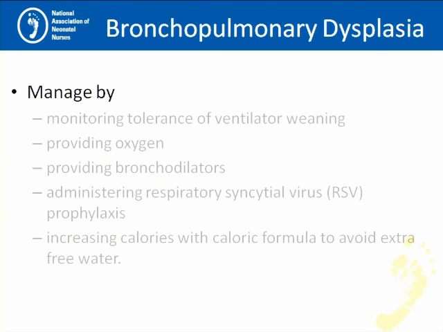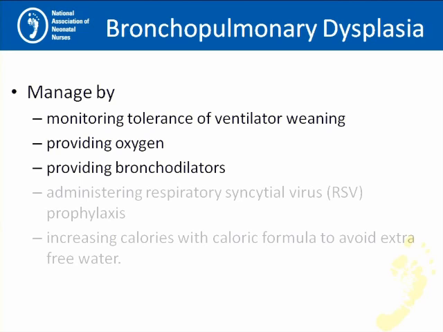We manage BPD by monitoring tolerance of ventilator weaning using permissive hypercapnia, providing supplemental oxygen after extubation, providing bronchodilators as needed, providing RSV prophylaxis with RSV IGIV or palivizumab for high-risk infants, and assisting with family support if a tracheostomy is needed to wean the infant from a ventilator.